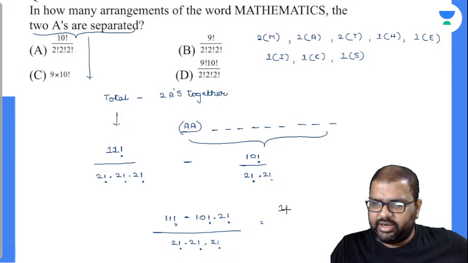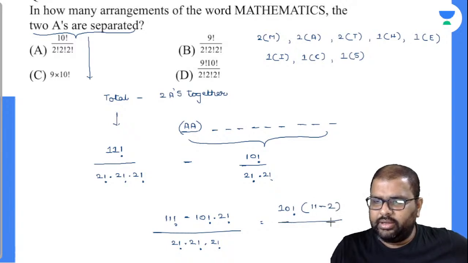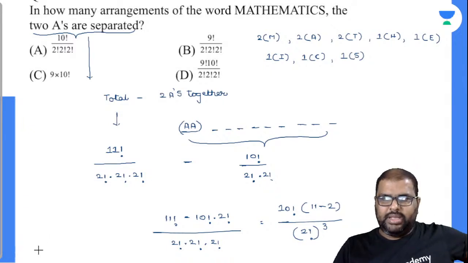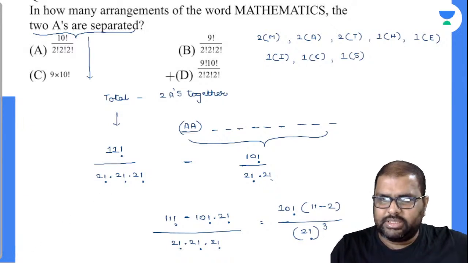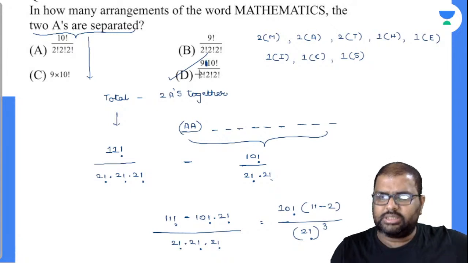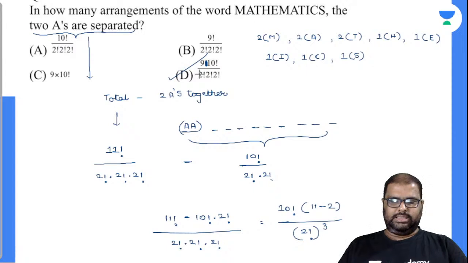If I take 10 factorial outside, in this only 11 will be left over, and in this only 2 will be left over, divided by 2 factorial whole cube. So finally my answer is 10 factorial into 9 divided by 2 factorial whole cube. Is there any option there? Yes, there is an option, D. But they have written 9 factorial here, so remove this 9 factorial. Only 9 is the answer.